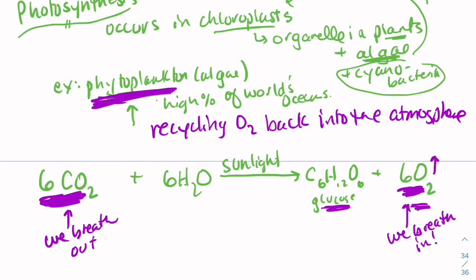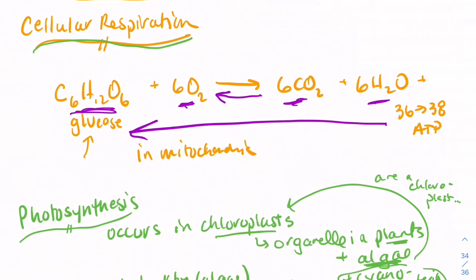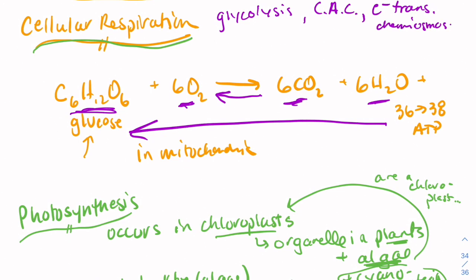But it happens in stages. Like aerobic cellular respiration happens in glycolysis, the citric acid cycle, and electron transport and chemiosmosis, something like that.